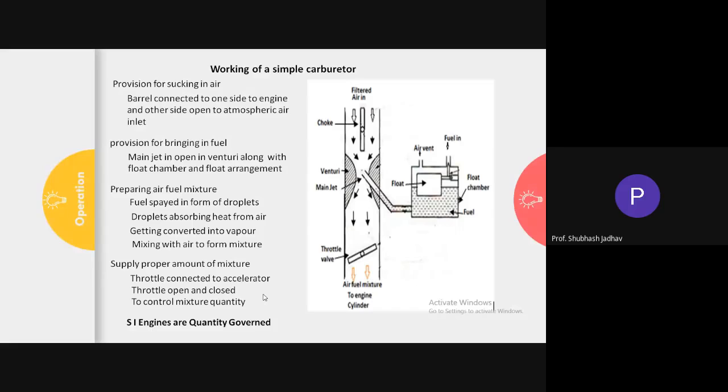Here what we are trying to understand is what governing is, because we are using the word governed: we say SI engines are quantity governed. So what is governing? It is responding to the load, that is, ensuring the response of the system towards the load.